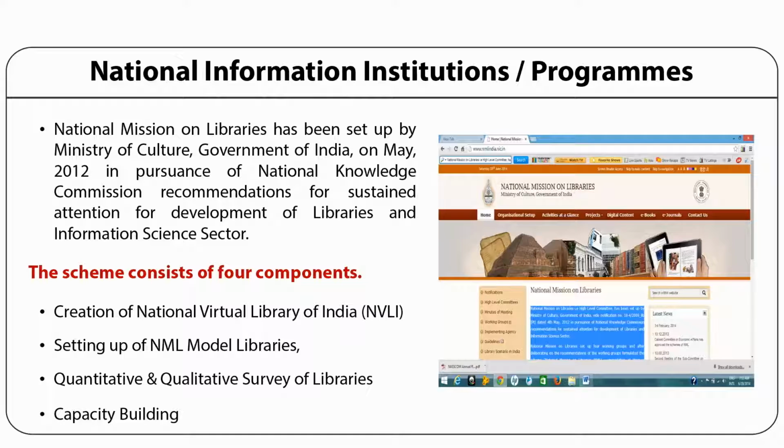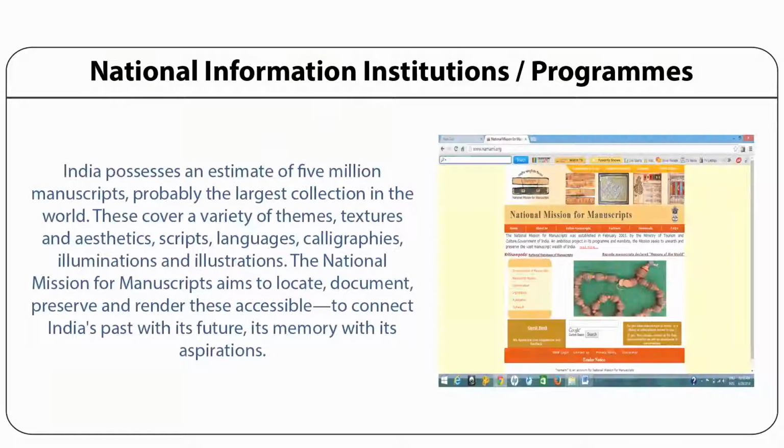India possesses an estimate of 5 million manuscripts, probably the largest collection in the world, in different subject areas and different languages. These cover a variety of themes, textures and aesthetics, scripts, languages, calligraphies, illuminations and illustrations.